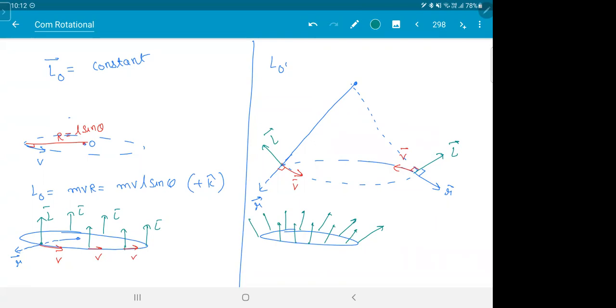L bar direction is changing. If you look at the magnitude here, LO dash, that will be M L V directly. There is no perpendicular component. So in this case, magnitude is constant, but direction is changing. You can see the vector, how it is pointing. Once it is pointing this way, once this way, this way. So direction is changing. It's like a crown shape.